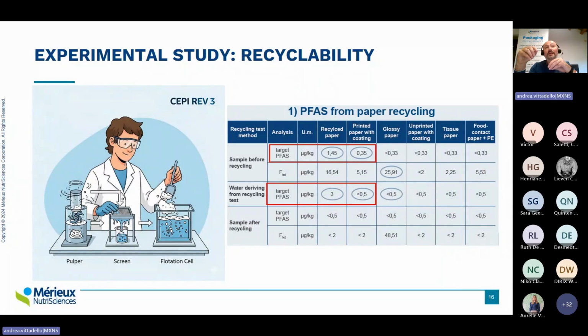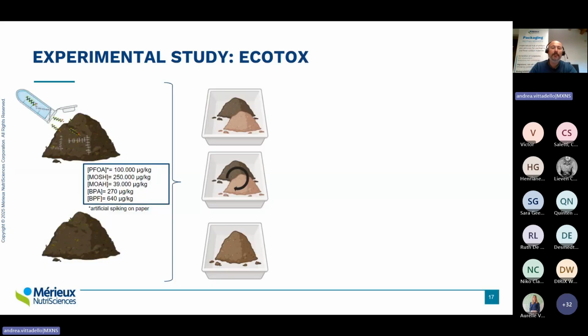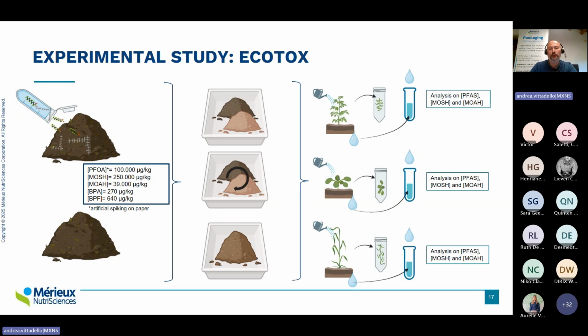You can see that also in this specific case, the recycled paper that contains PFAS, when I rebuild a new paper, will again contain PFAS. And the water in the recycling process will contain PFAS. If your packaging does not contain PFAS, you will not find PFAS. And the same happens when I do that in composting.